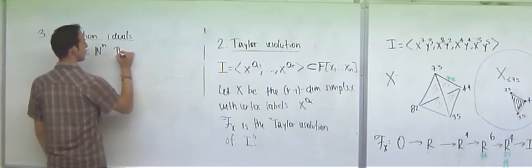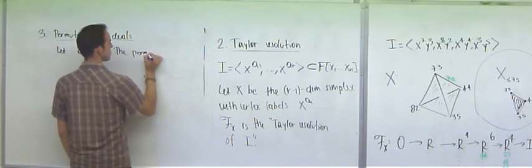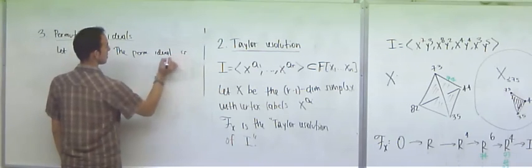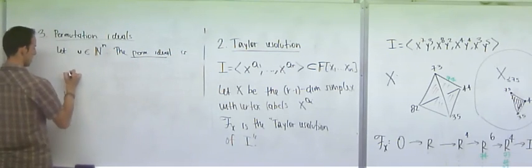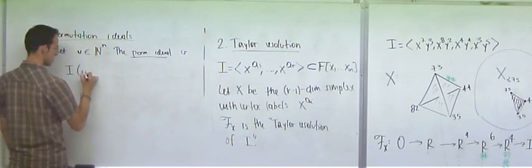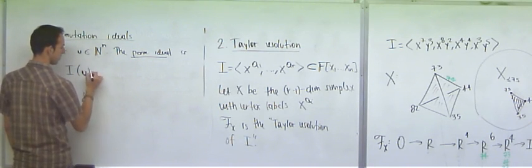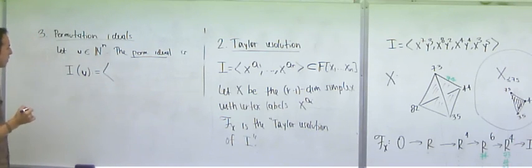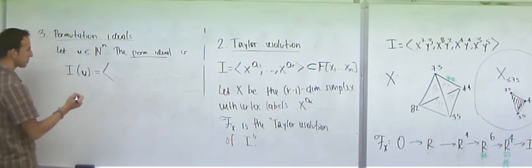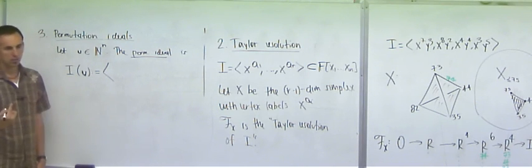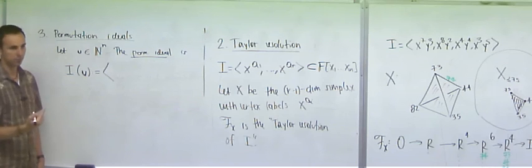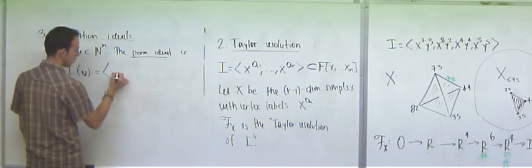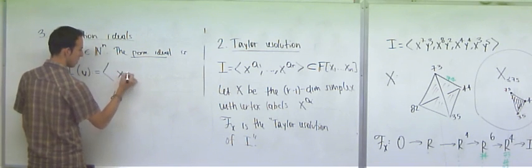Then the permutation ideal corresponding to this u is an ideal that we denote I of u, and by definition, this is the ideal generated by the following things. So it's an ideal in n variables, okay? And so what you're going to do is, one of the generators is just x to the u.